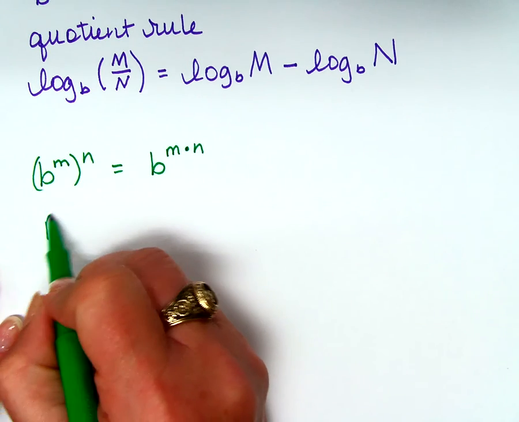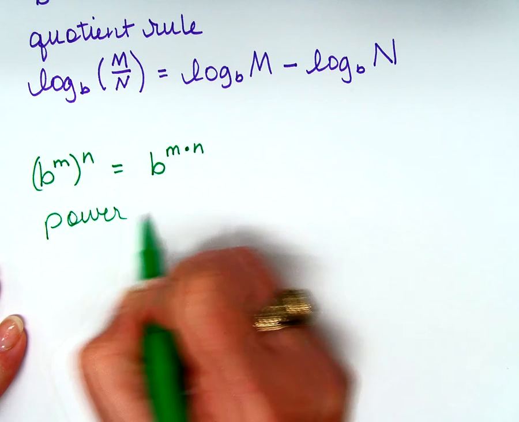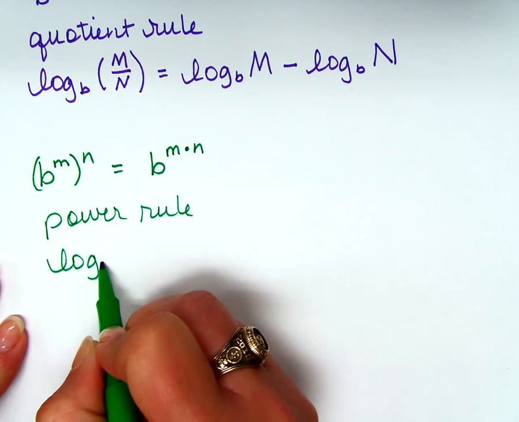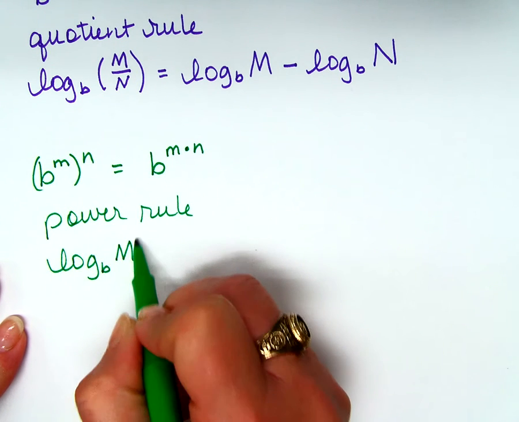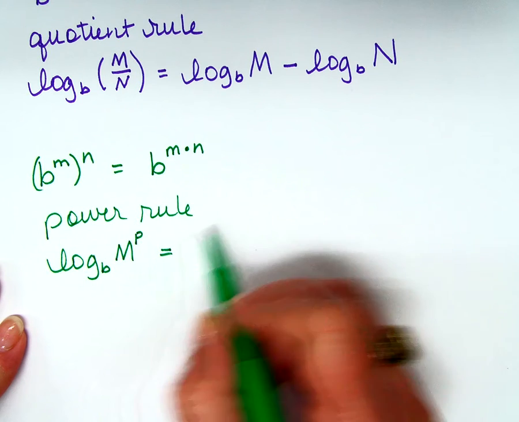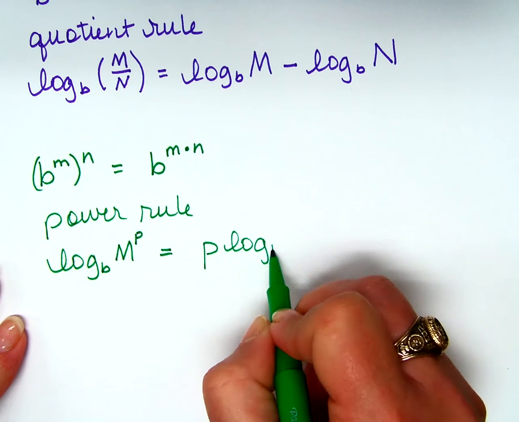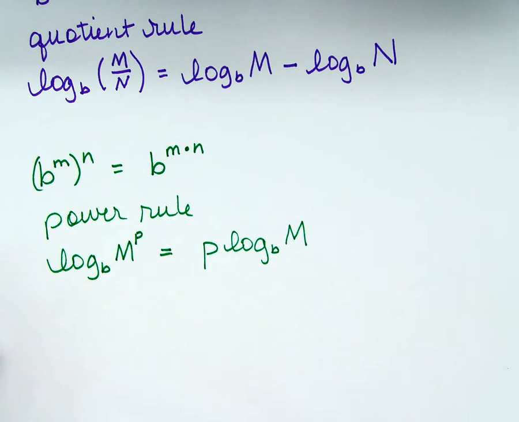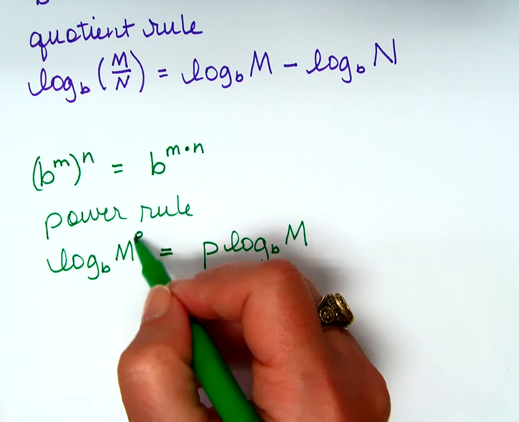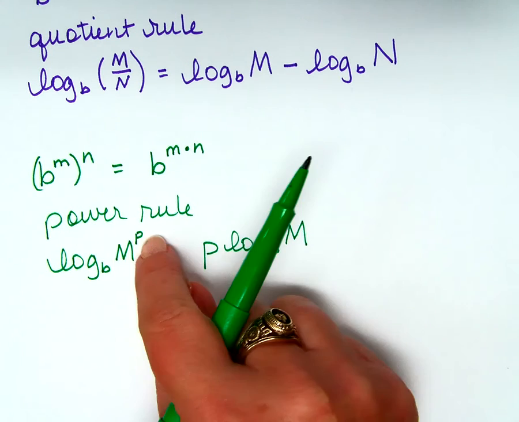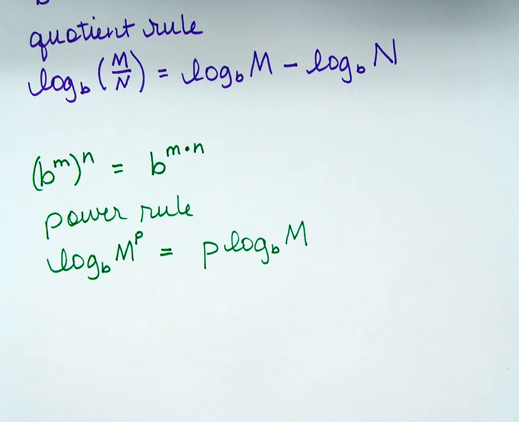So the power rule says log base b of m to the p power becomes p log base b of m. I take that exponent and bring it down in front as a multiplier. The power becomes a multiplier.